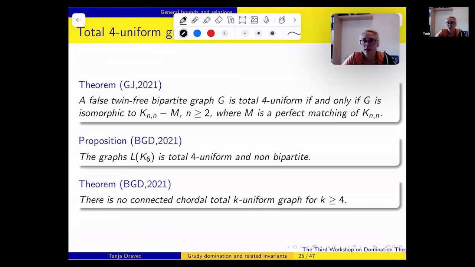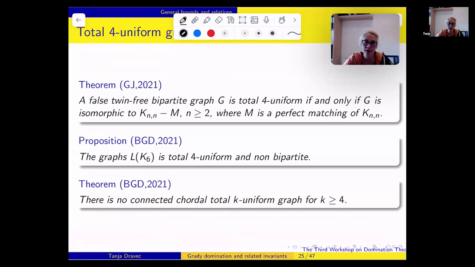What we did was study total 4-uniform graphs among false twin-free bipartite graphs. We characterize such graphs, and we believed that there are no other total 4-uniform graphs, so that all total 4-uniform graphs must be bipartite.